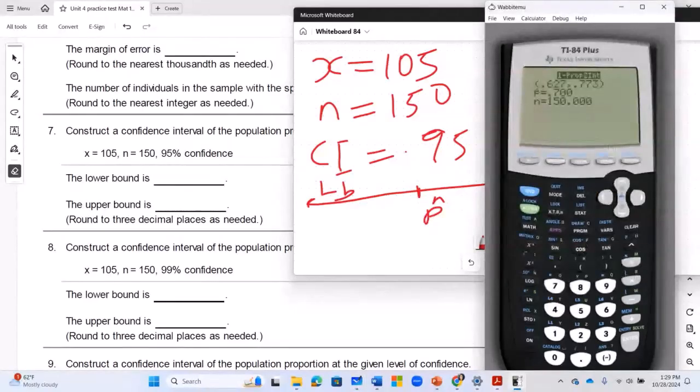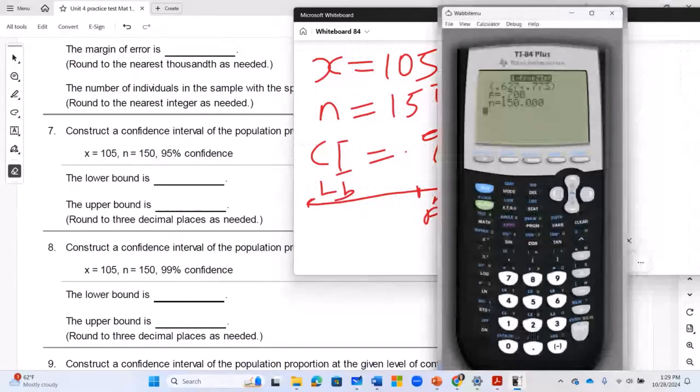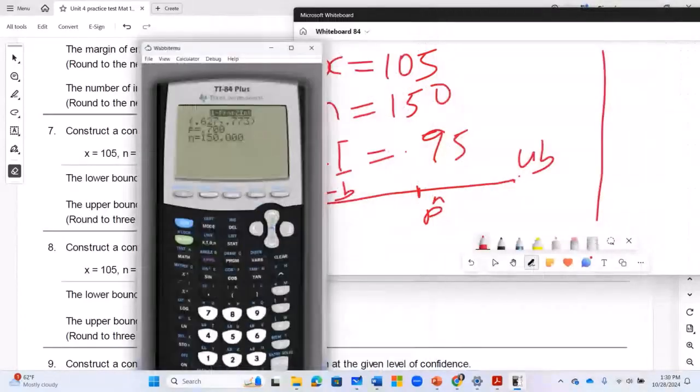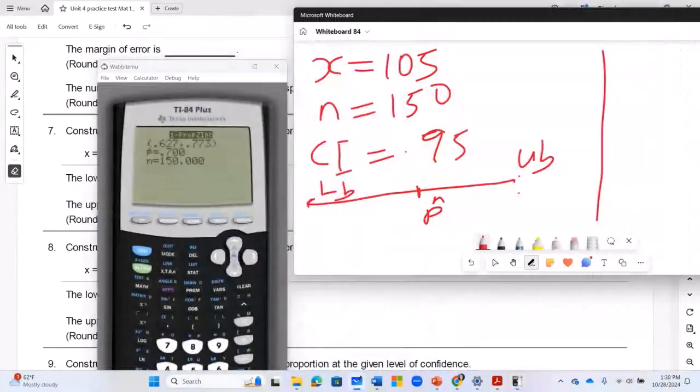The upper bound is 0.773. The lower bound is 0.627. And then P hat is given to me as 0.700 or 0.7.